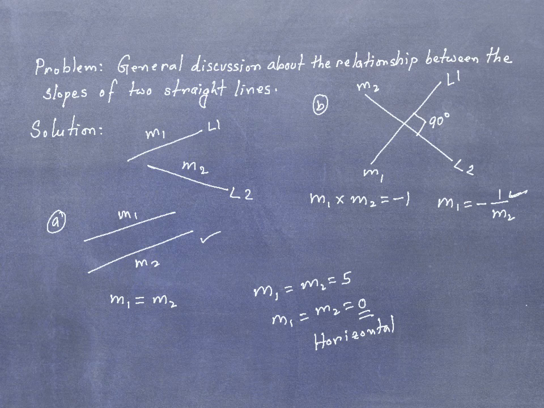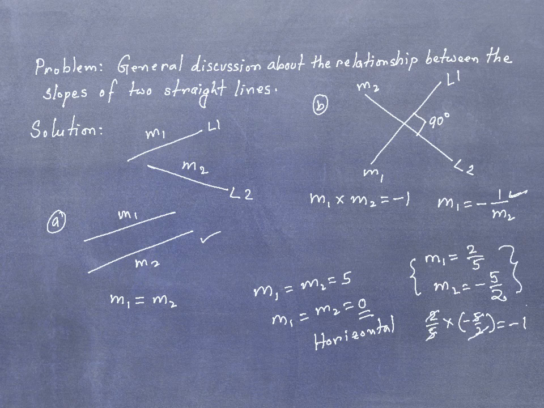Now similarly, if I gave you two slopes, M1 is equal to 2/5 and M2 is equal to negative 5/2, if you multiply M1 and M2, you'll see 2/5 times negative 5/2 is equal to, by the way, negative 1, because the 2s and 5s cancel.